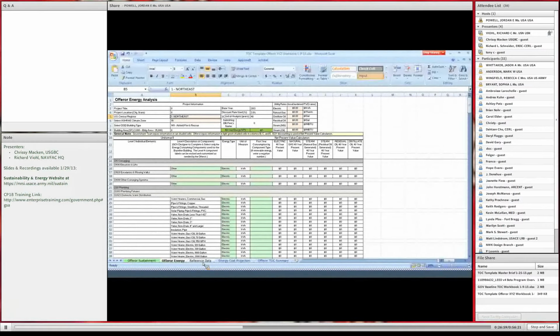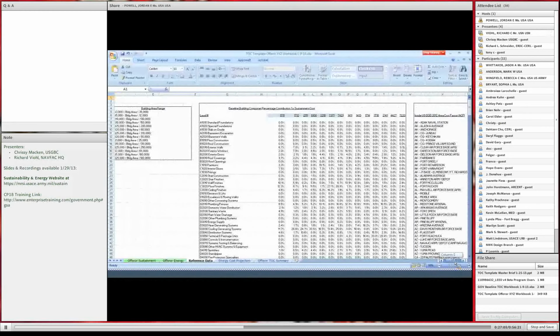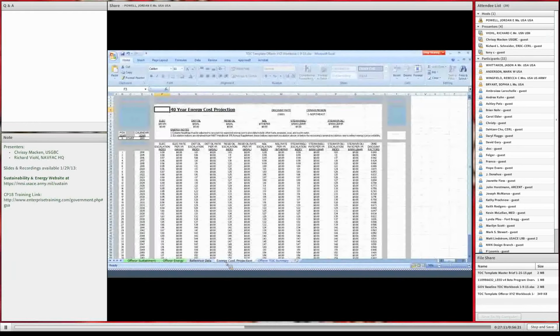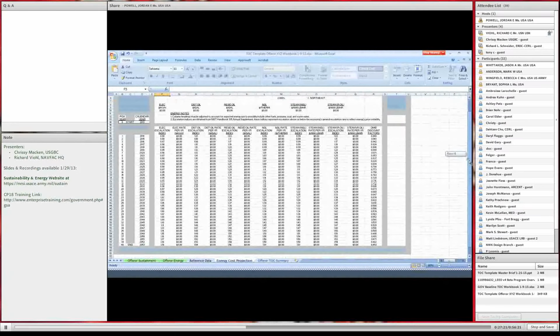The next tab, the reference tab, is just all the lookup, the drop-down tables and the backup information that builds into the first two tabs. The Energy Cost Projection tab, which is the next one, is where we've built in the energy discount factors over the next 40 years, obtained from the NIST Handbook 135.